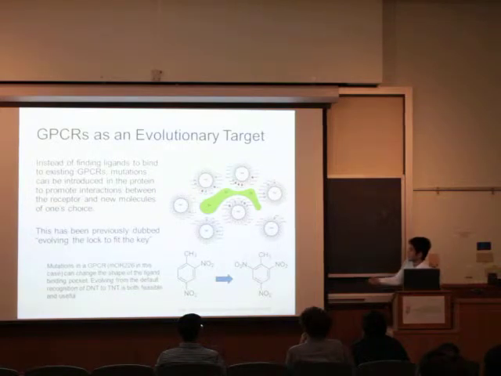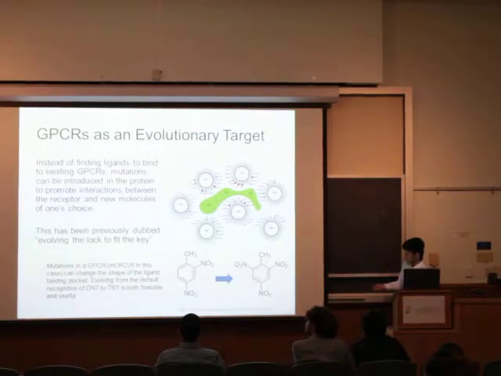An interesting application of this, in the bottom right here, is the molecule DNT, and one of the receptors I'm trying to work with, MOR226, naturally responds to this molecule. You can imagine that if you evolved the receptor and changed its sequence, you could get it to respond to a close chemical relative, TNT, the explosive that everyone's familiar with.